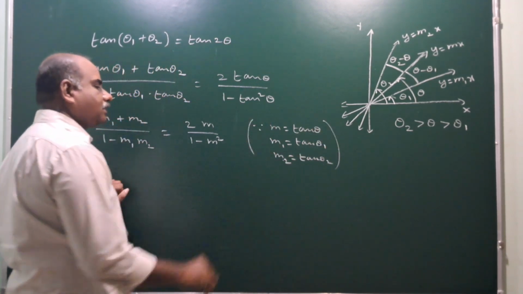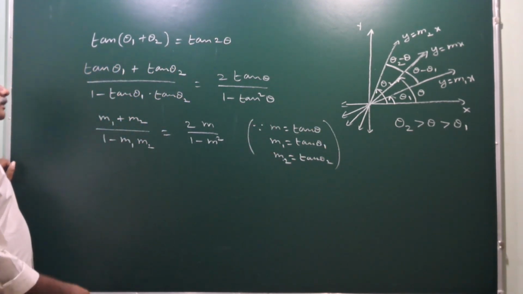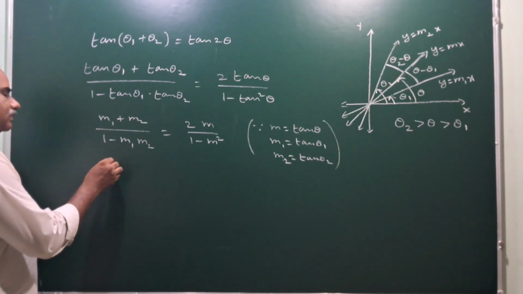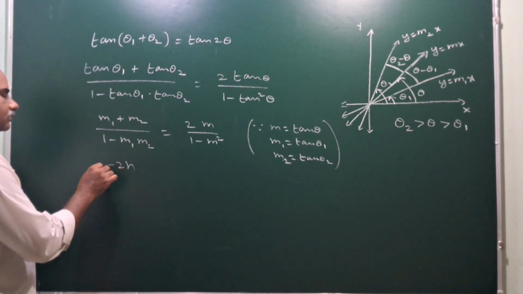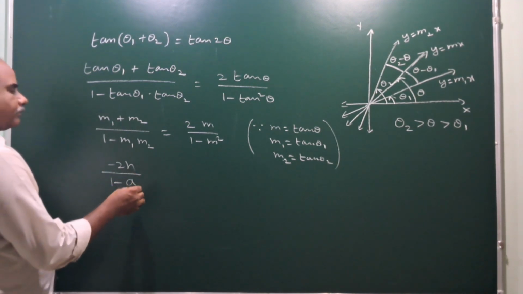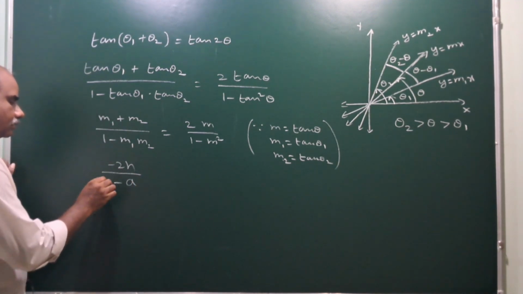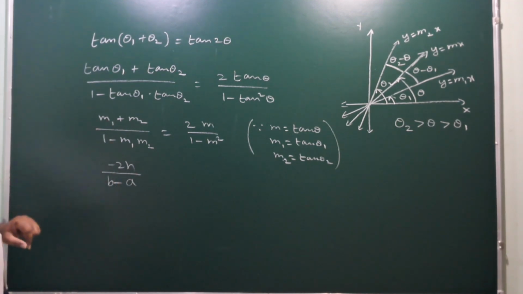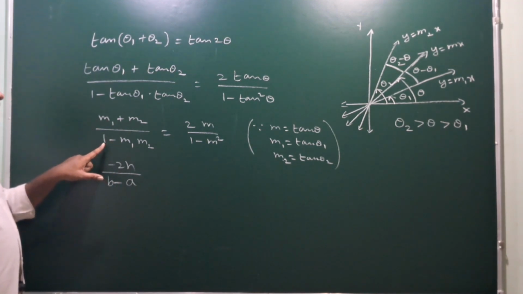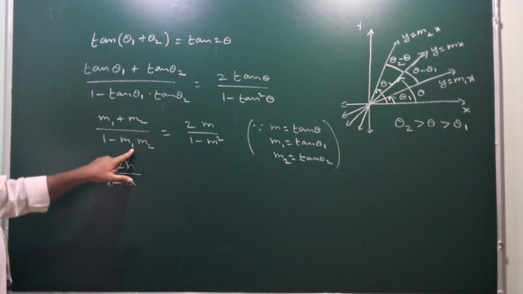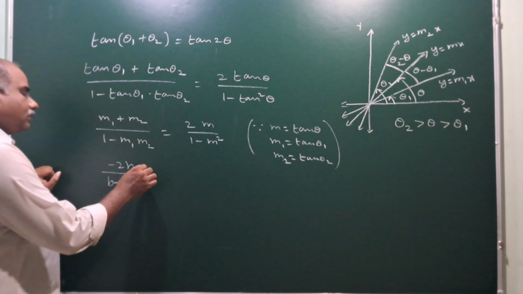These are already known. Now substitute the values: m1 plus m2 is minus 2h, by 1 minus m1 m2. Remember this: m1 plus m2 is minus 2h, 1 is b, and m1 m2 is a.